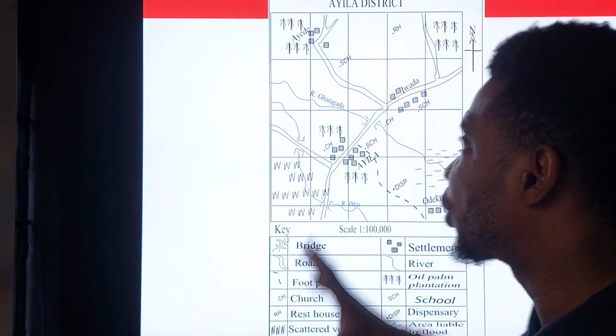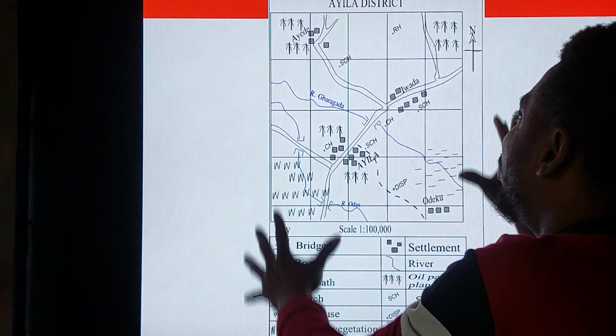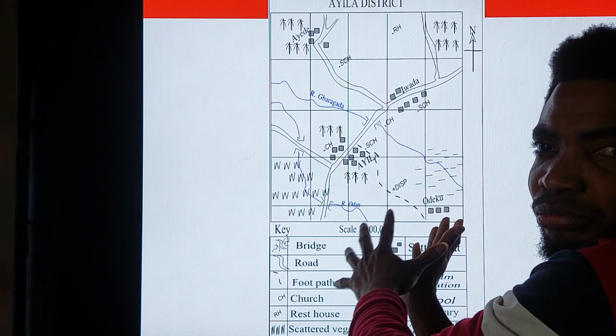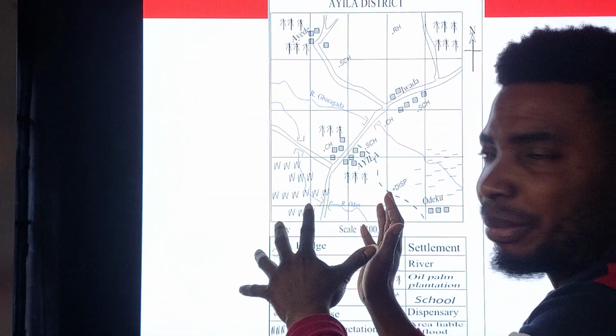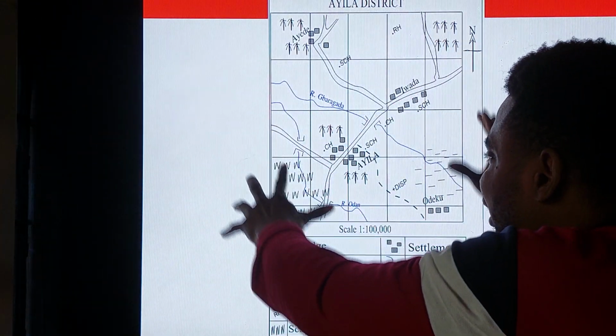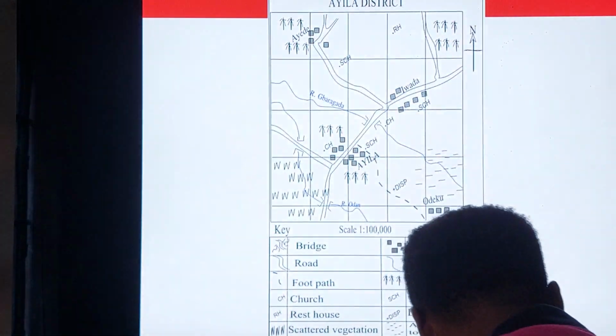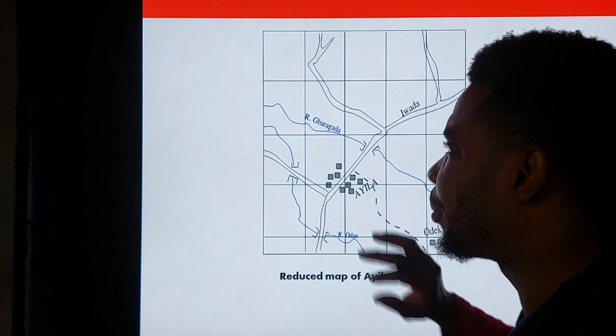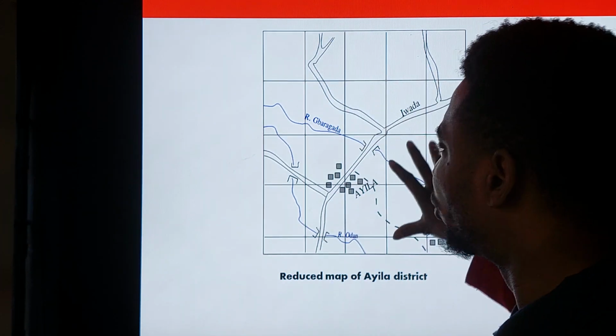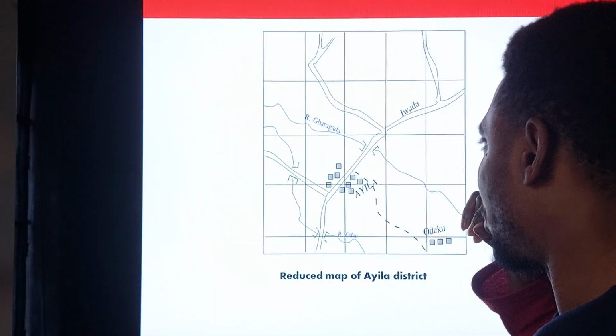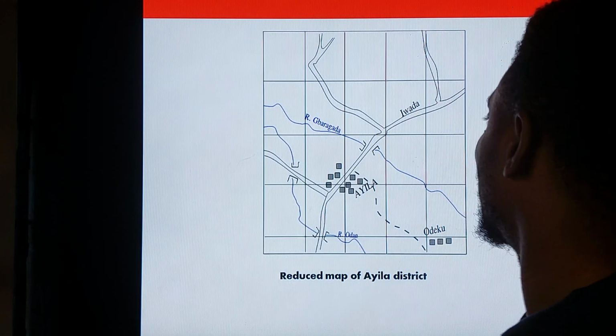That is the essence of dividing the whole original map into grid lines like this, so that by the time you draw your new map, you will know where to impute what you are asked to impute.